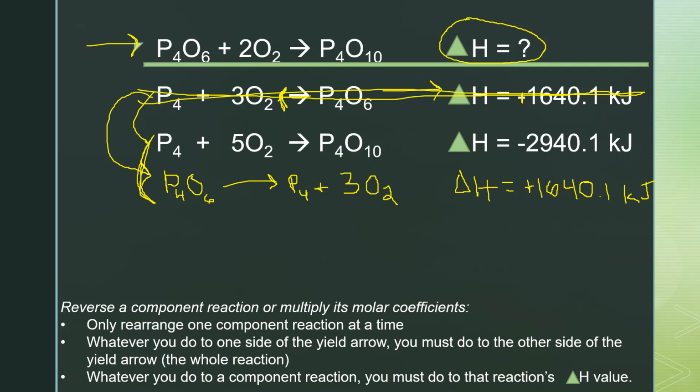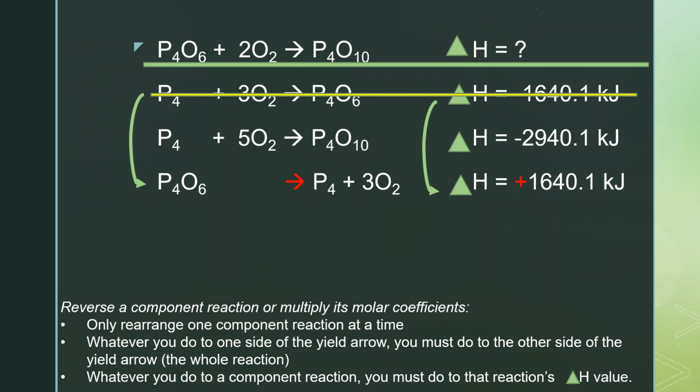Let's combine these and see if they result in getting this formula up here. Let me change colors. And here it is written all nice and pretty so we can look at it easier.